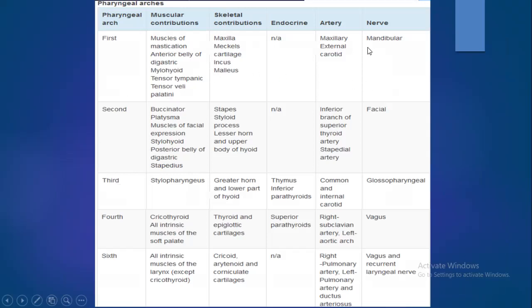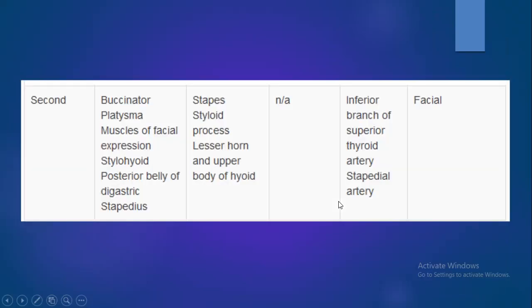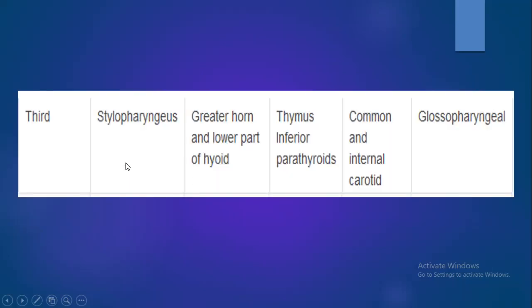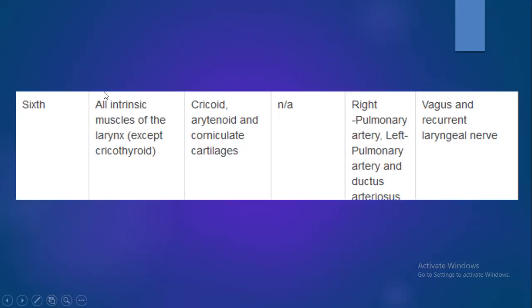This summarizes for us all the important information. And here this is the first one, and all the important points, revise it. And this is also the second pharyngeal arch. This is the third one, and this is the fourth one. And we have the fifth one. We will come to the sixth one.